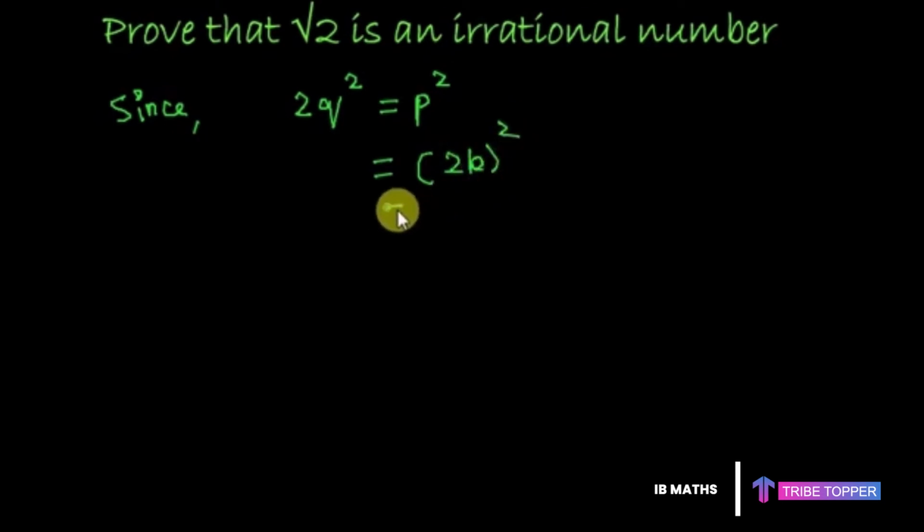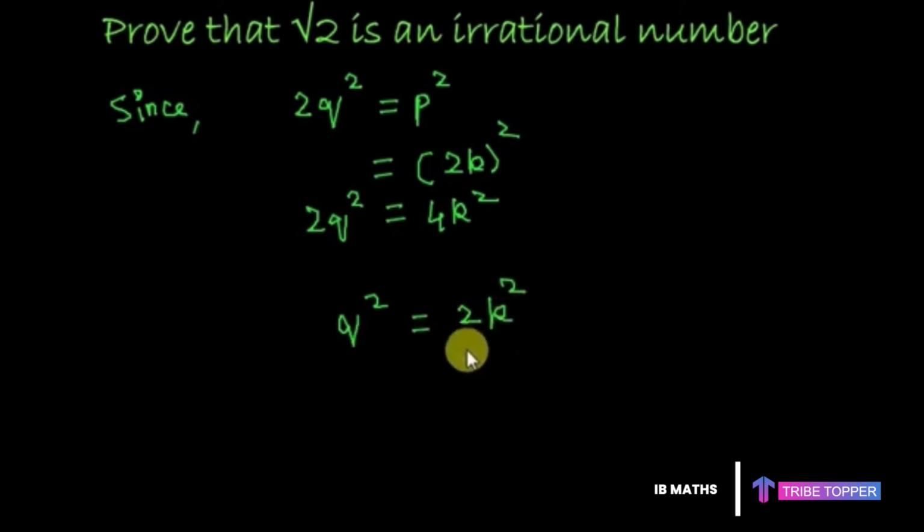This gives me 4k square. So 2q square is equal to 4k square. Therefore, q square is equal to 2k square. Now this gives me that q square is also an even integer, which means that q would also turn out to be an even integer.